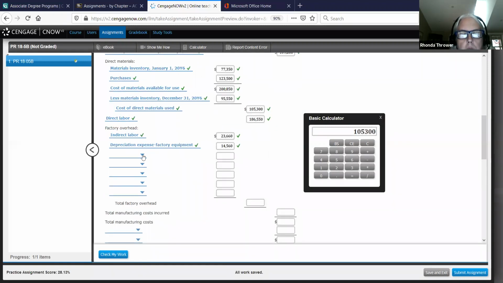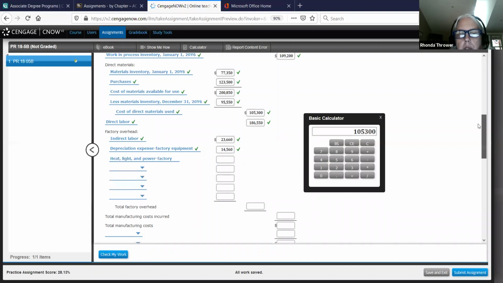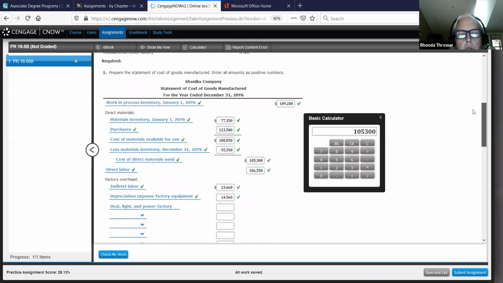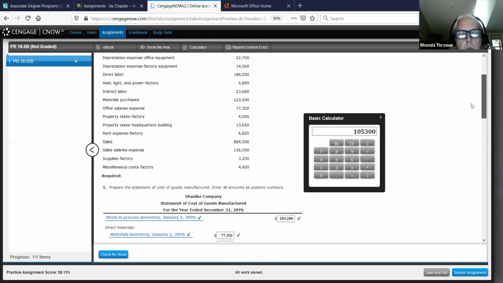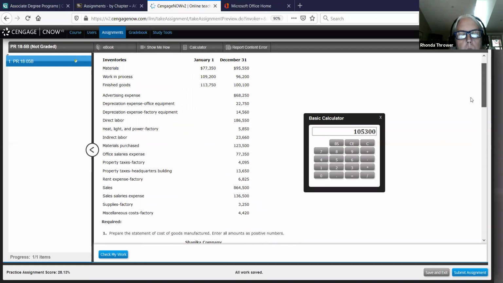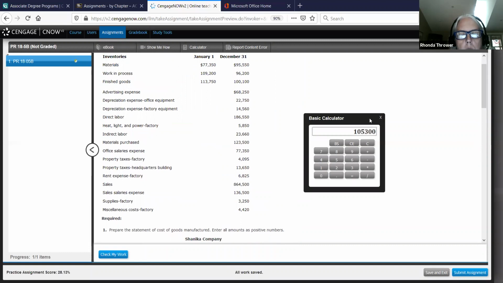Another factory overhead would be heat, light, and power. It's another factory overhead cost. Heat, light, and power. And the amount of that is $5,850.